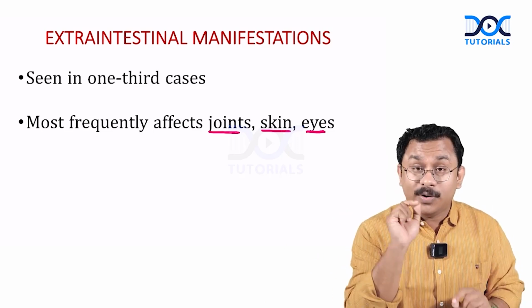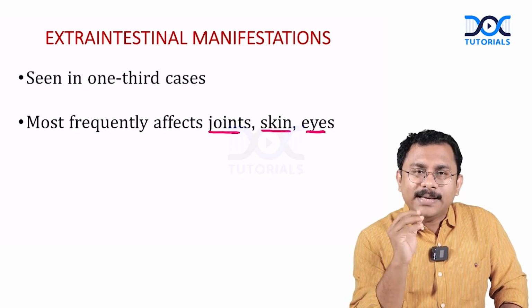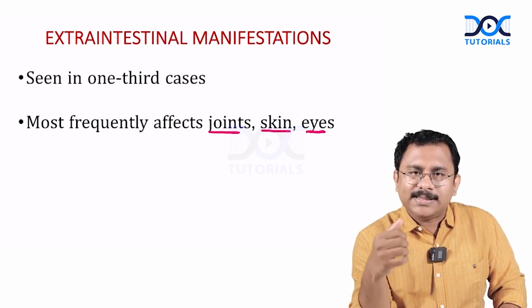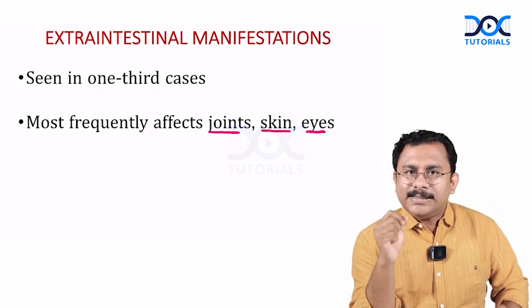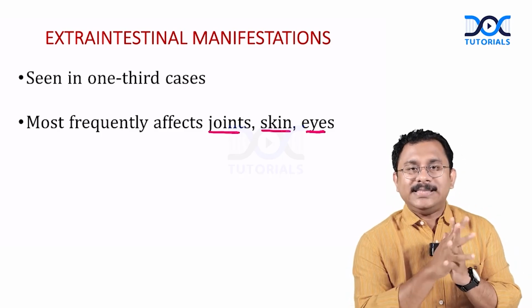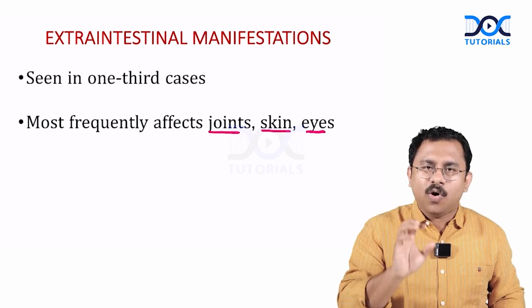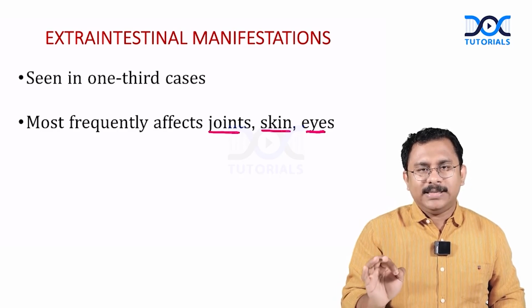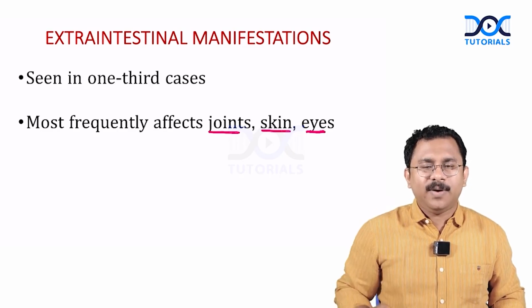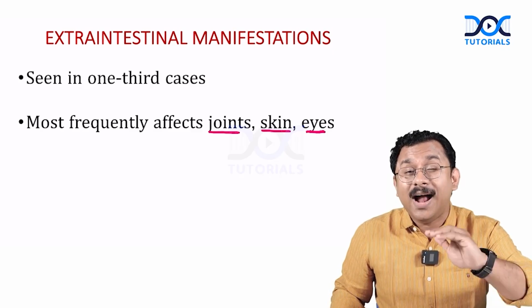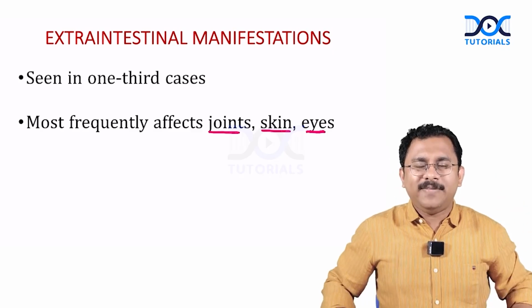Before that, I just want to tell you one more thing. When you take into account all these extraintestinal manifestations, some are related to the bowel activity, which means they are likely to occur in the active phase or the relapse phase of an inflammatory bowel disease, whereas some are unrelated to the severity of bowel activity.